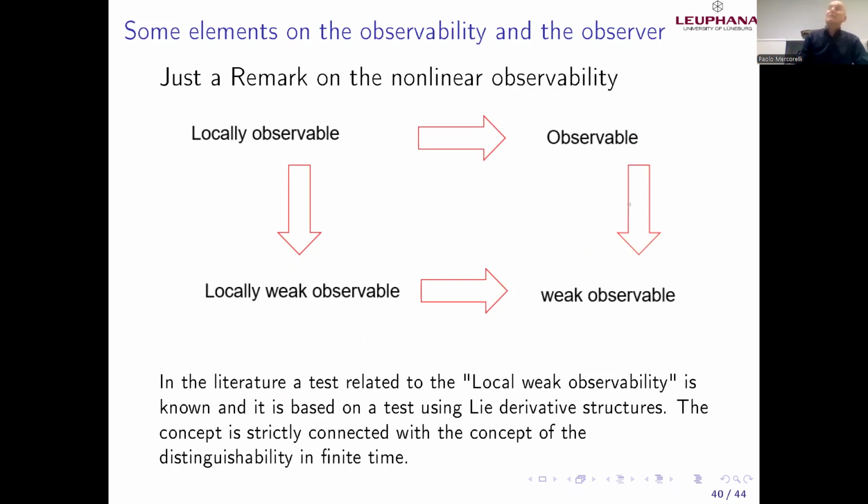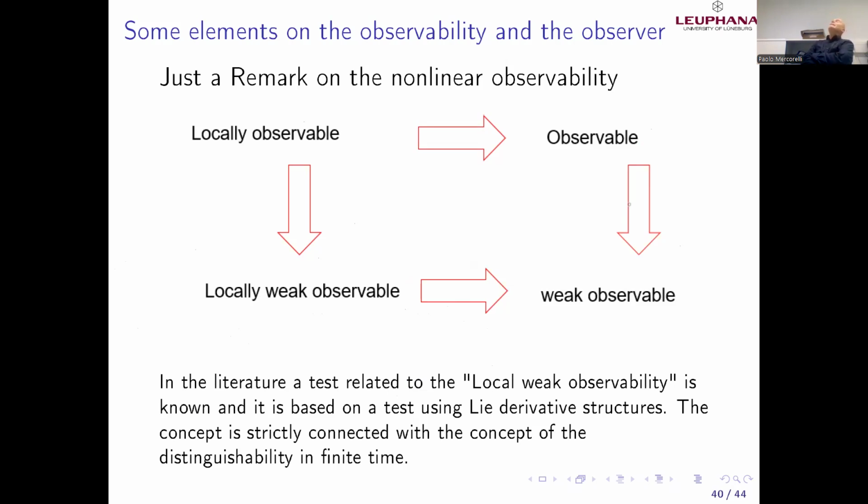Nevertheless, look, we have in the literature four concepts of observability in nonlinear systems: locally observable, locally weakly observable, and others a little bit more complex, even though we have in general just one test, this one, just for the locally weakly observable. I will tell you exactly this today. But first, a few words about these four possible definitions.